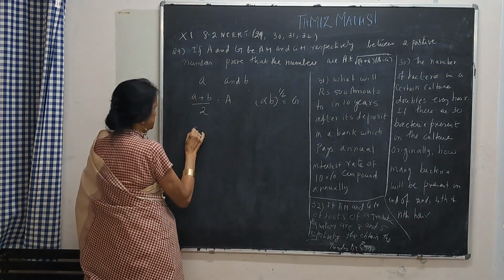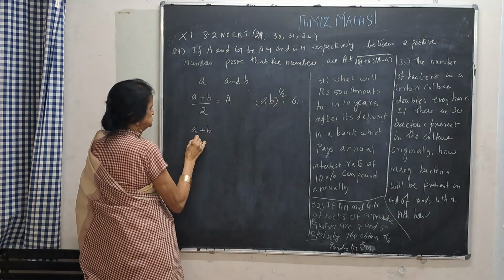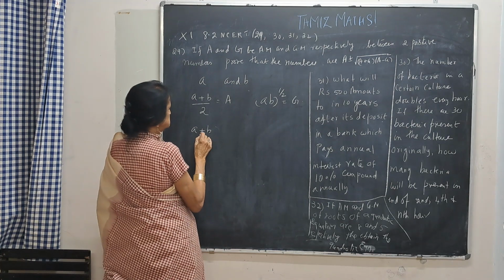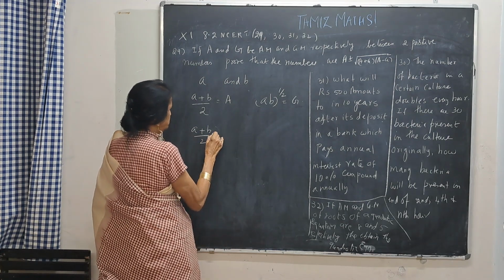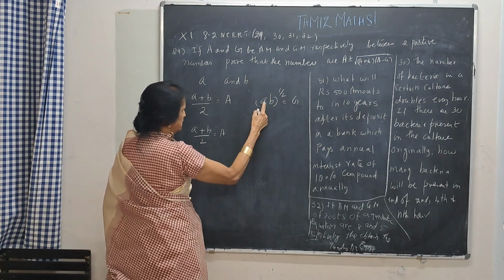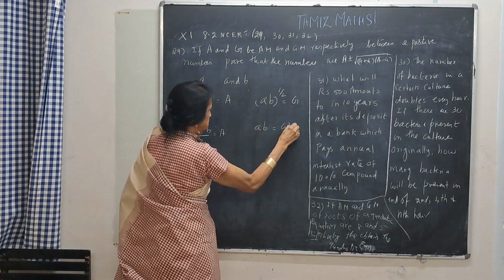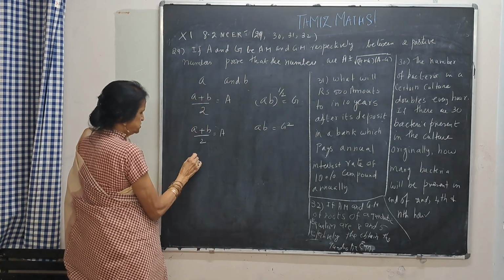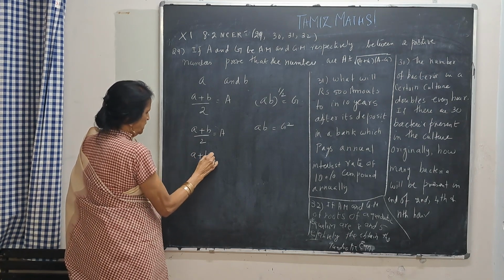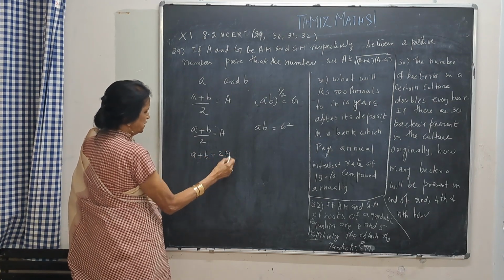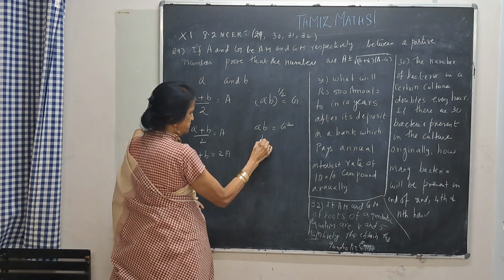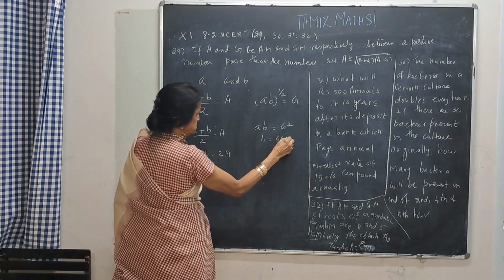So (a plus b) by 2 is equal to A. And ab, squaring both sides, is equal to G squared. So a plus b will be 2A. What is b from here? G squared by a.